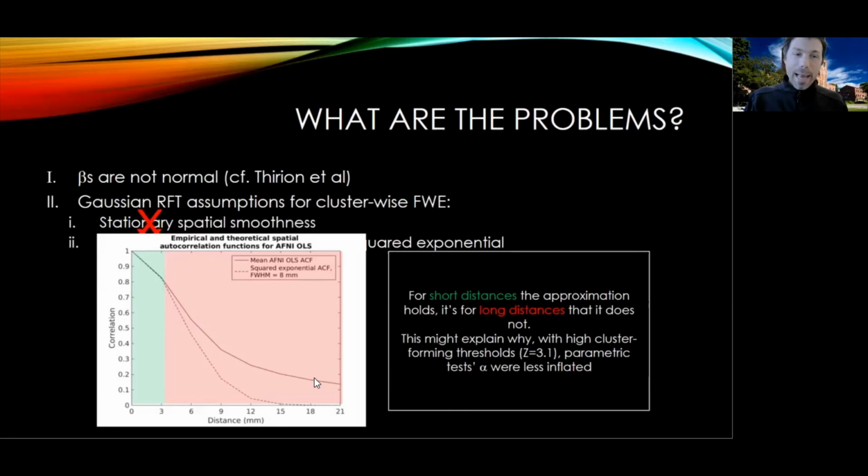So the way in which this particular assumption is violated might explain why at high thresholds you get perfectly valid results, but at low thresholds instead you get a massive inflation of your family-wise error rates.